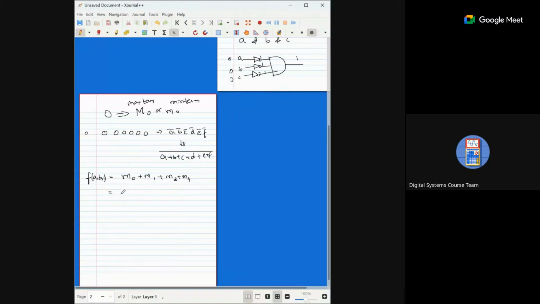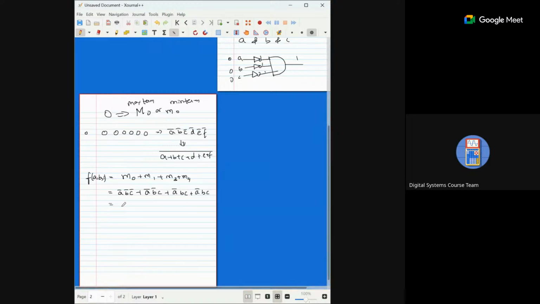So m0 will be A bar, B bar, C bar, plus m1 will be A bar, B bar, C, plus m3 will be A bar, B, C, and m4 will be A, B bar, C bar.